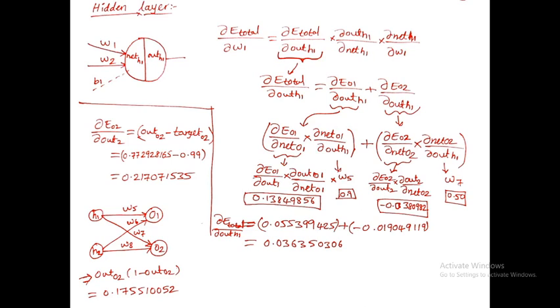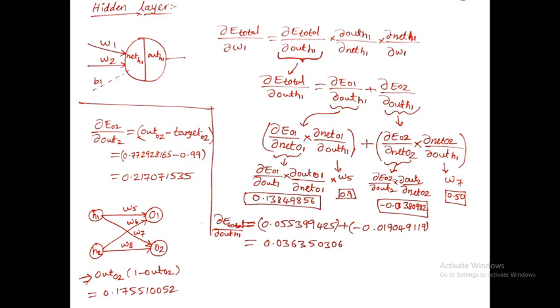In a similar way, at the H2 neuron also, W3 and W4 are the connection link weights from X1 and X2, and bias B1 is connected again. So the corresponding net H2 is W3 X1 plus W4 X2 plus B1 at the H2 neuron.